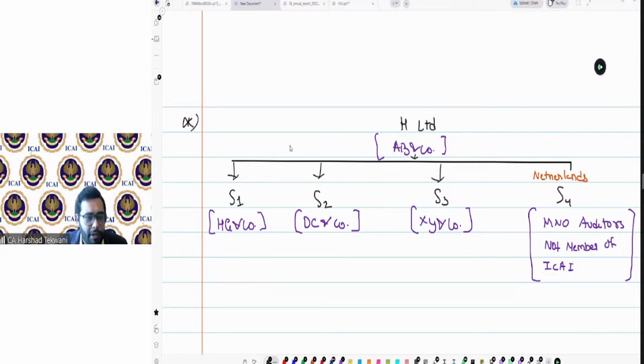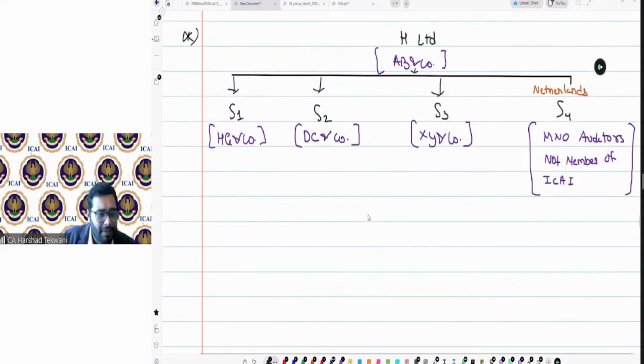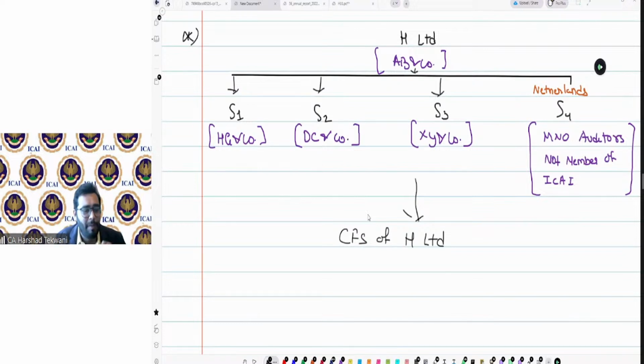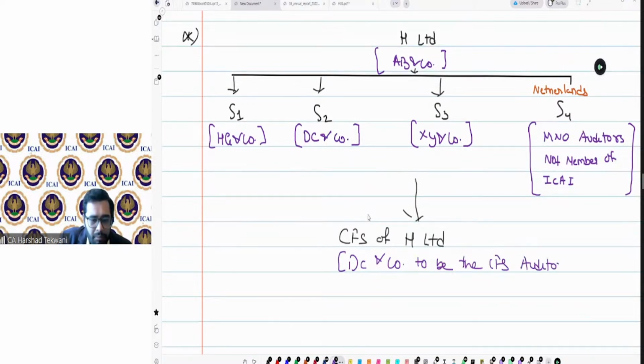Now the question is, these are the standalone auditors everywhere. For the CFS, the consolidated financial statement of H Limited, the management wants DCN company to be the CFS auditor.